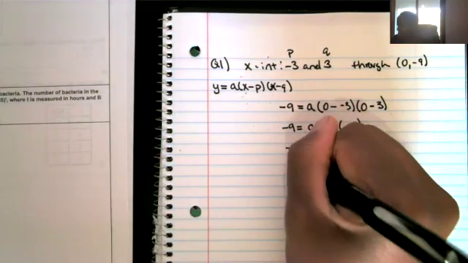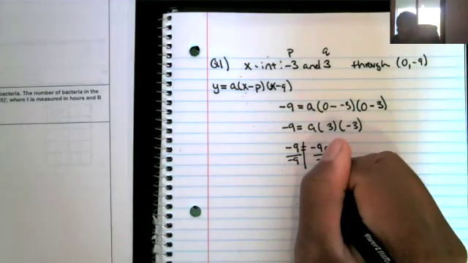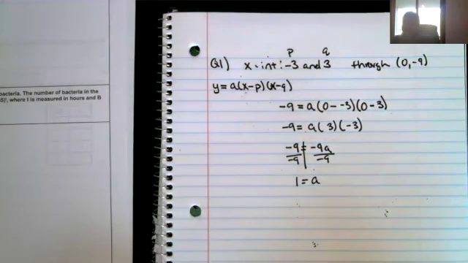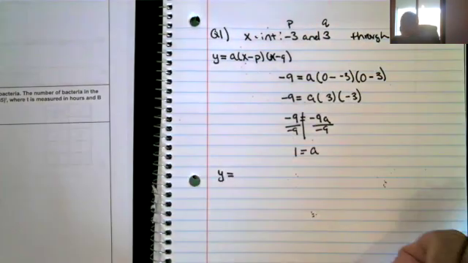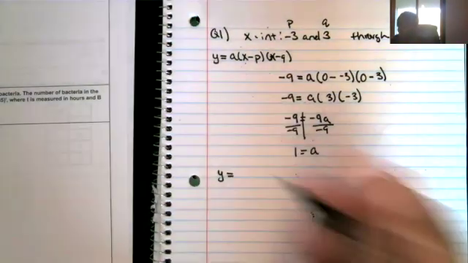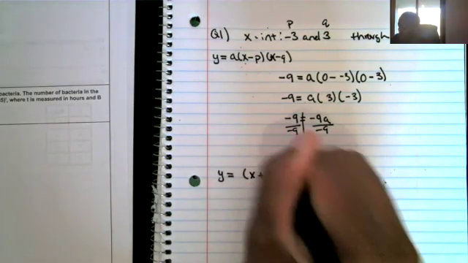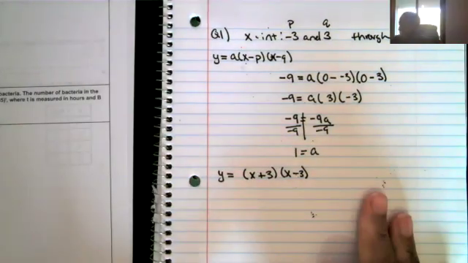And now we solve for a by dividing both sides by -9. So a is equal to +1. So to write that equation, we have y equals, a is 1, so we don't have to write the 1, (x plus 3)(x minus 3). That is in factored form.